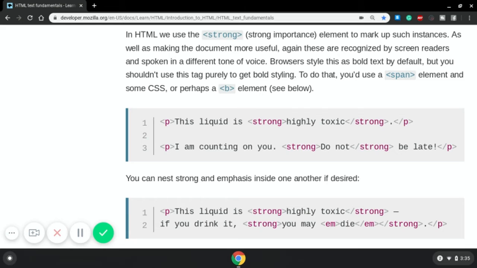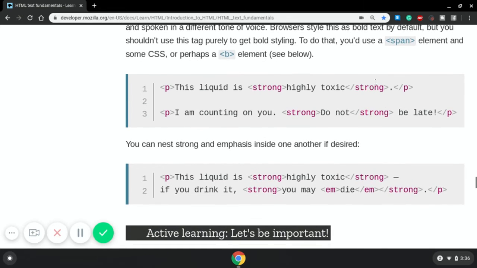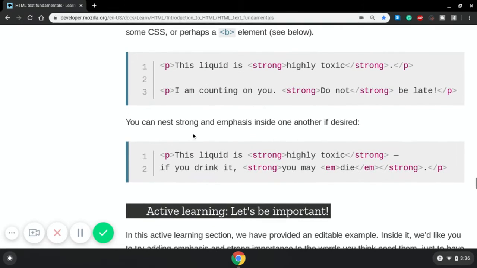Again, these are recognized by screen readers and spoken in a different tone of voice. Browsers style this as bold text by default, but you shouldn't use this tag purely to get bold styling. To do that, you'd use a span element and some CSS, or perhaps the b element for bold, as shown down here. You can nest strong and emphasis inside one another if desired.